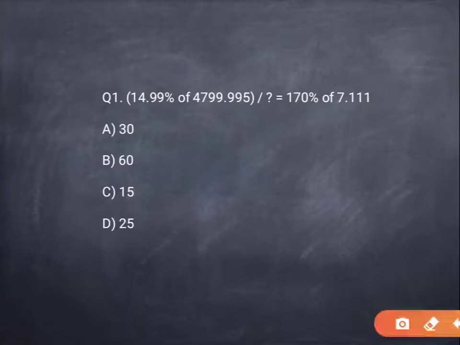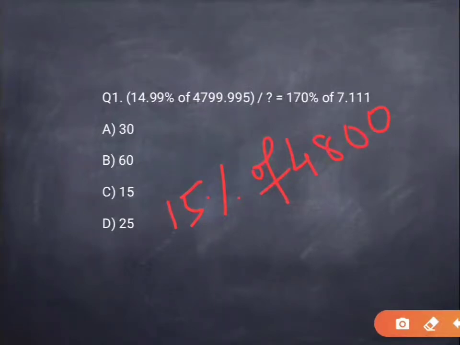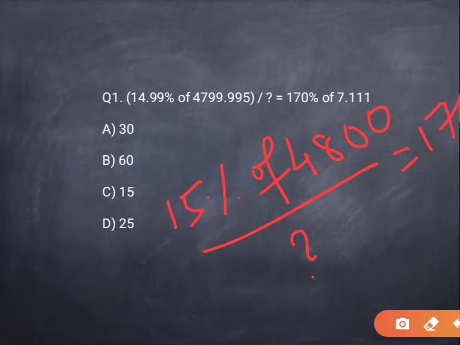So the question actually becomes 15% of 4800 by what is equal to 170% of 7.1. So what is 15% of 4800?